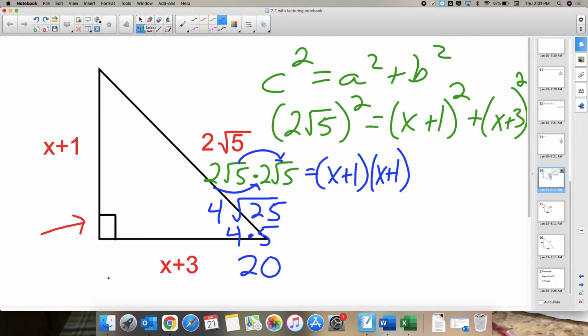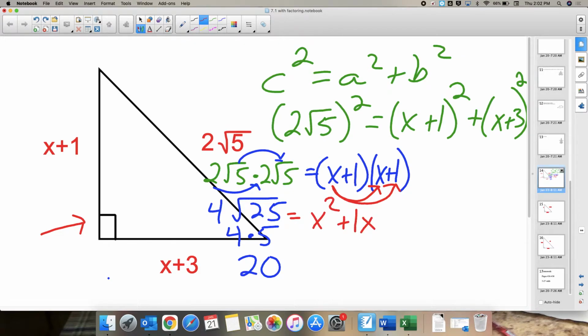To do something like this, that process is known as FOILing. FOILing is just an acronym to tell me we are going to do the first parts, then the outer pieces, then the inner pieces, then the last pieces. Essentially, FOILing is like a big old distributive property. I need to take my x times x, and x times 1. So that would be x squared plus 1x.